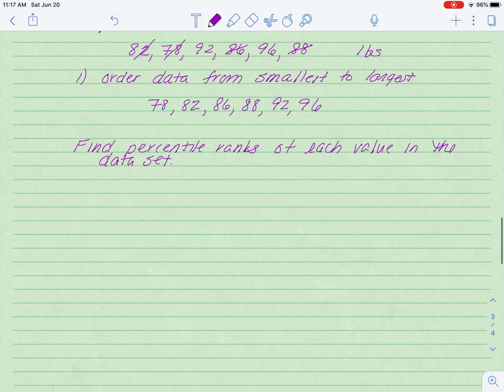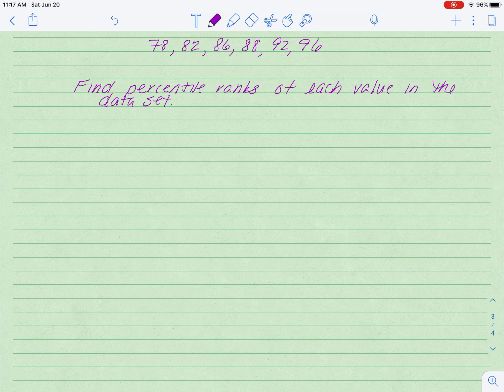So to do that, we have a formula. If we want to find percentile rank, it's equal to the number of data points below whatever one we're looking at, the data point we're on, and then you have to add a half.